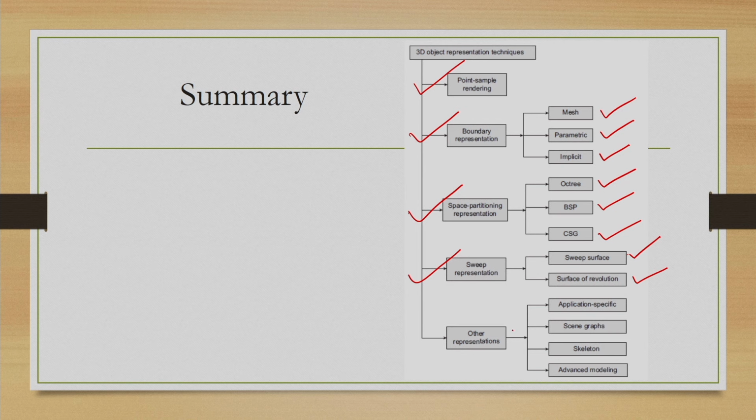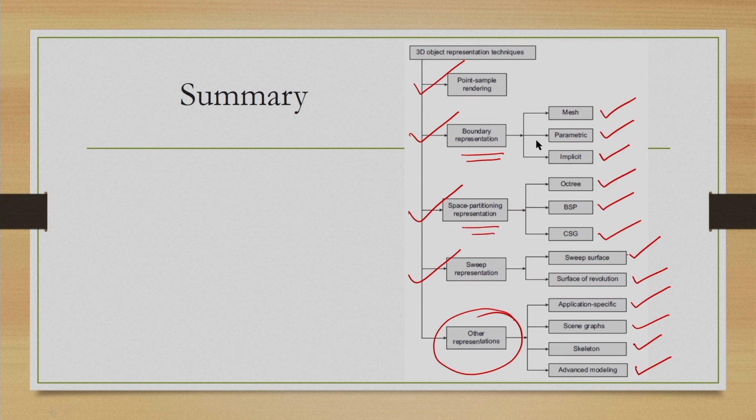Now, apart from these broad 4 categories, there are other representations available which are application specific, sometimes some specific techniques are also possible, namely scene graphs, skeletal model and advanced modeling, namely fractals or particle systems. Now, among these categories, in subsequent lectures we will discuss in details these 2 categories, boundary representation and space partitioning representation.